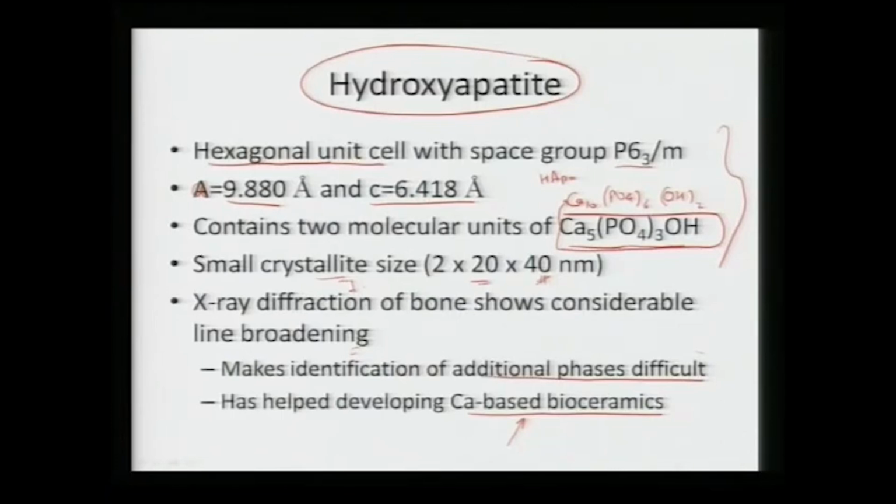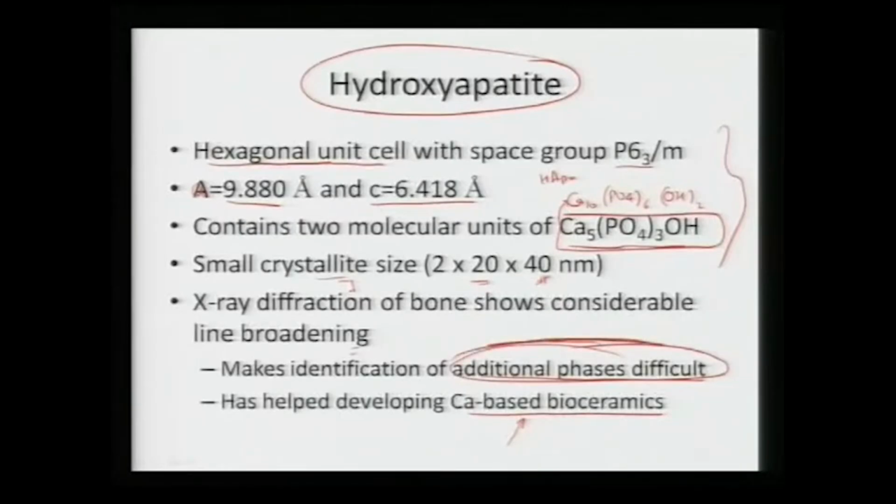So it makes the identification of certain other phases very difficult, and also it makes it difficult to understand how this hydroxyapatite is bonded with the collagen. It is still a matter of debate how this particular hydroxyapatite is bonded with the collagen. But now the presence of calcium in this hydroxyapatite has made the development of certain bioceramics to replace the bone, to work as a bone implant, very feasible.